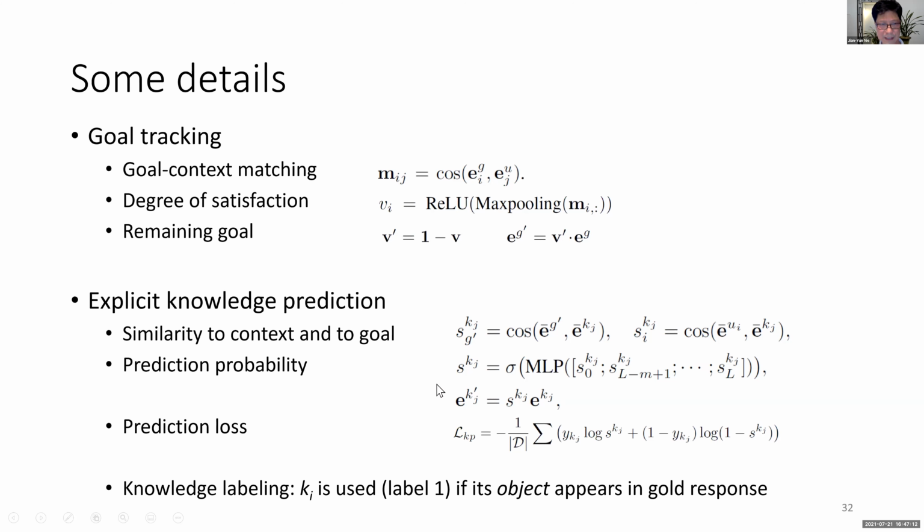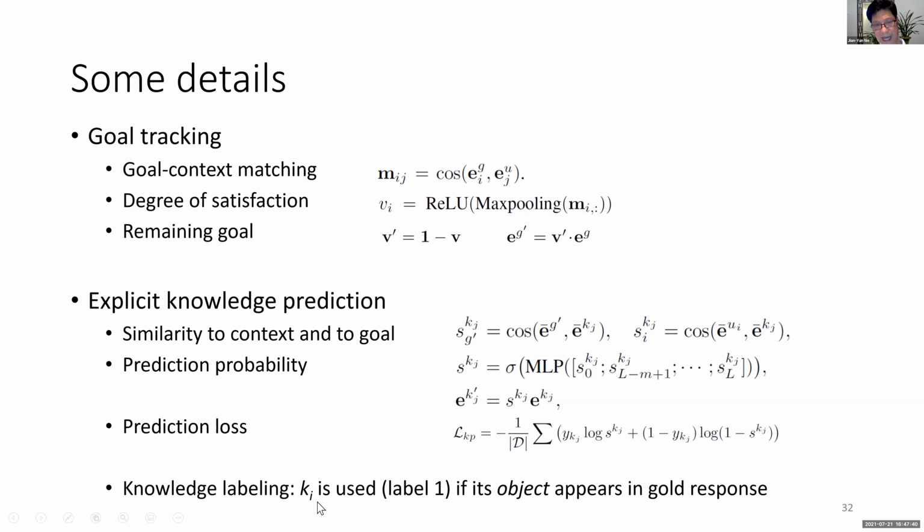And then there is a selection here, the probability of selecting this piece of knowledge based on all the signals that we created before. But we also have some prediction loss that we will use to supervise the training process. That is, we want to build a model here, and the training signal is knowledge labeling.